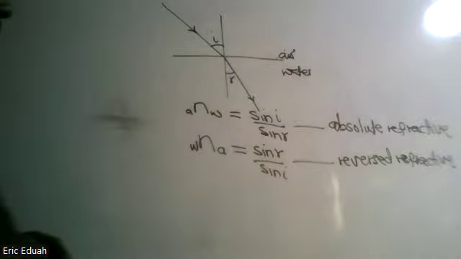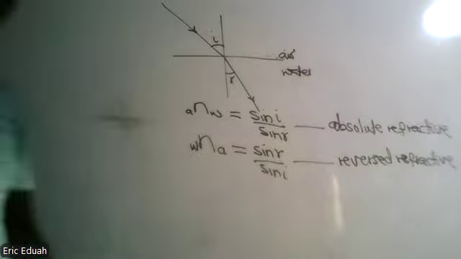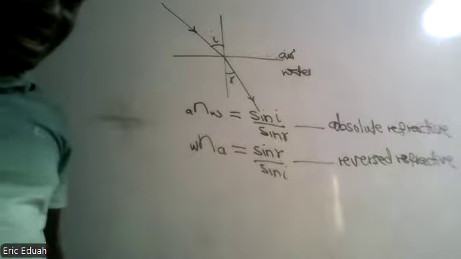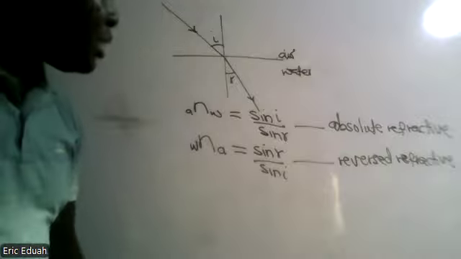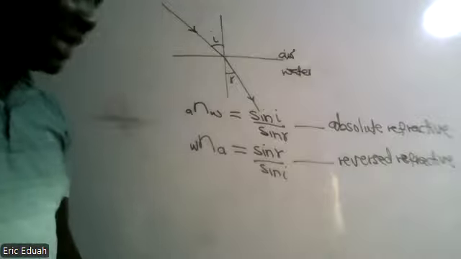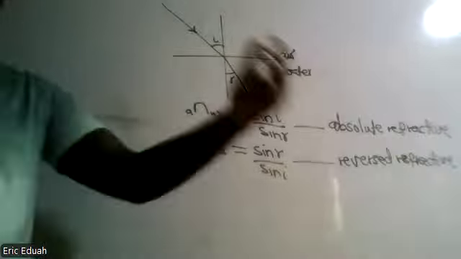I told you that the absolute refractive index of a material is always greater than 1. This is because the numerator is always greater than the denominator. Reverse refractive index is less than 1 because it's the other way around.